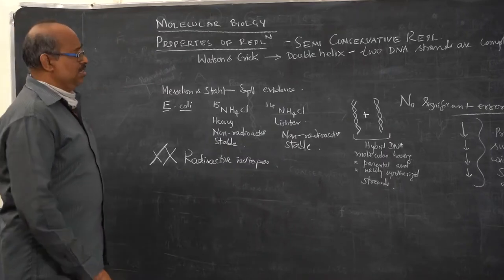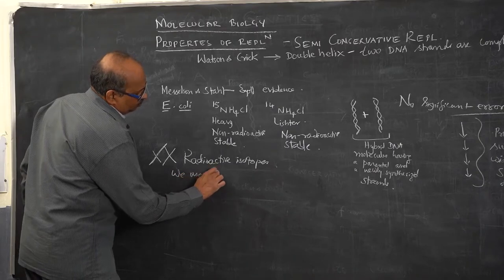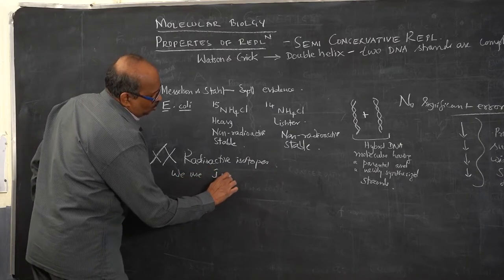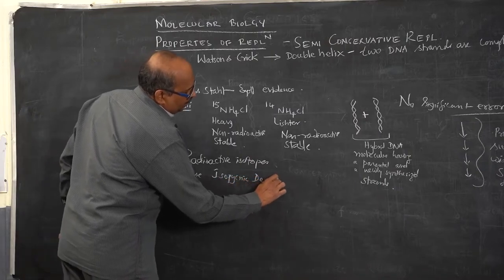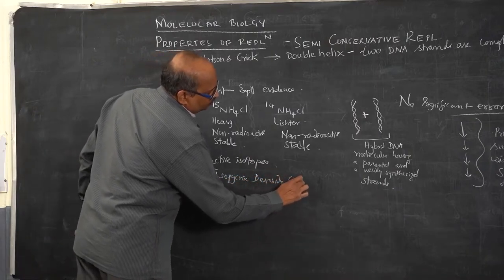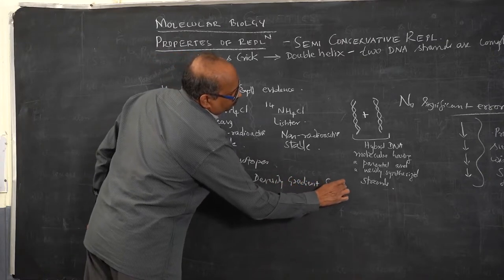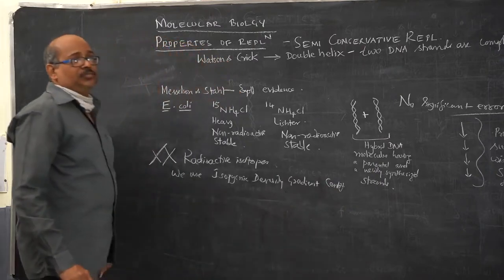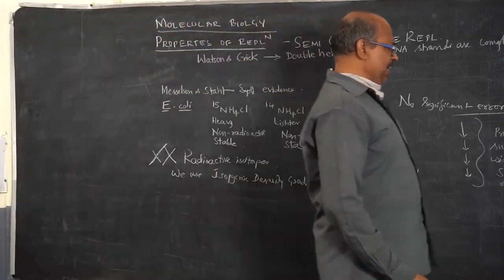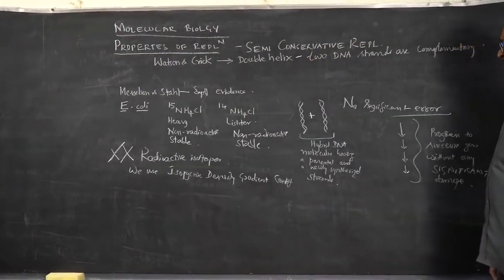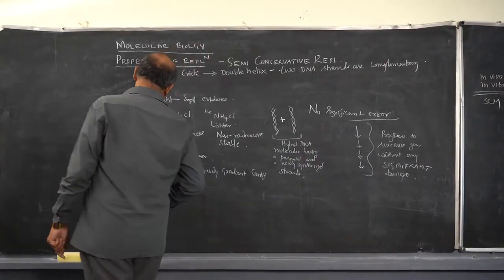We go for a centrifugation technique. And this centrifugation technique is called isopycnic density gradient centrifugation. And the method, isopycnic density gradient centrifugation, separates the molecules based on their densities.